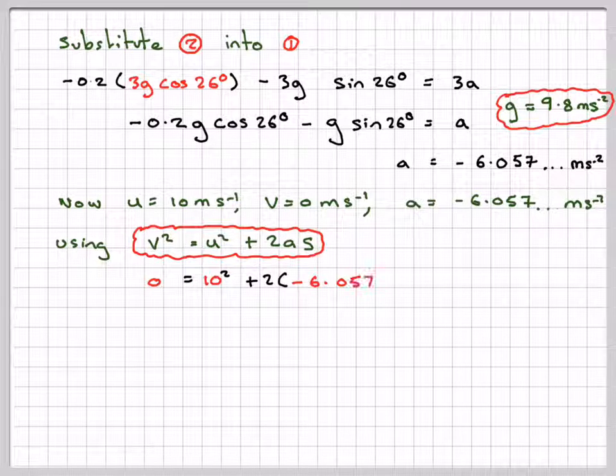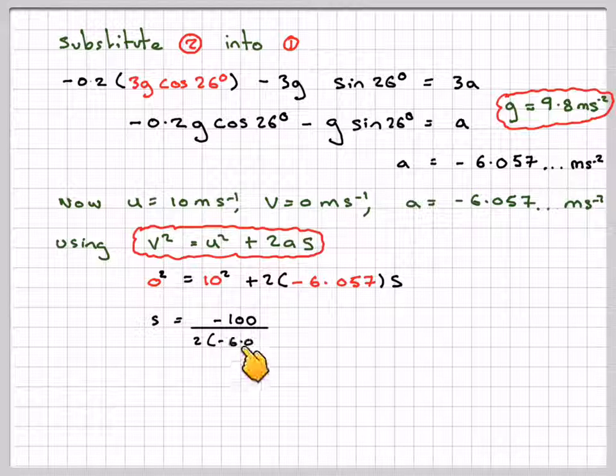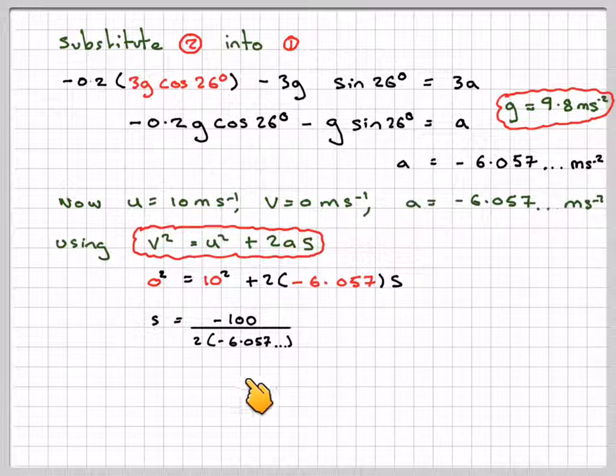We're going to have that 0 squared is equal to 10 squared, the initial speed, plus 2 times the acceleration, which is minus 6.057, times s. Rearranging that, we're going to have that s will be equal to minus 10 squared divided by 2 times minus 6.057, which is going to give me 8.253 meters.